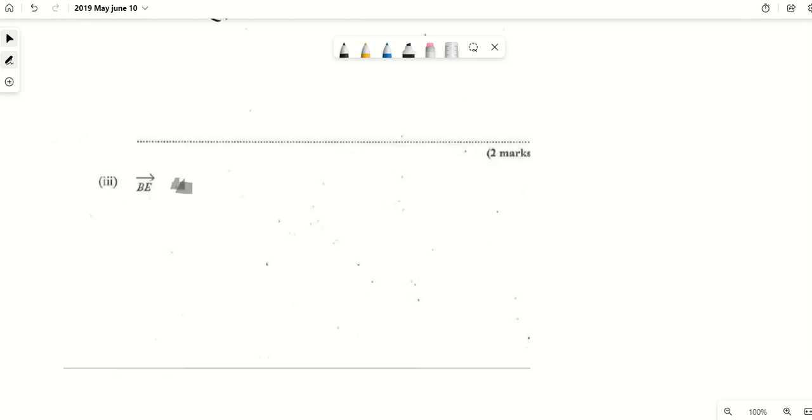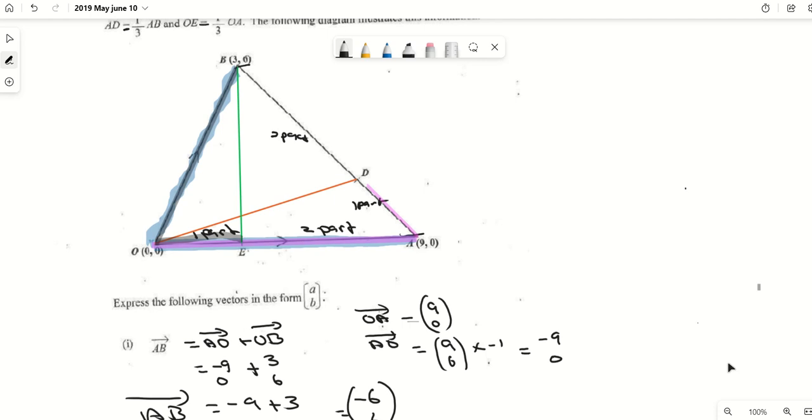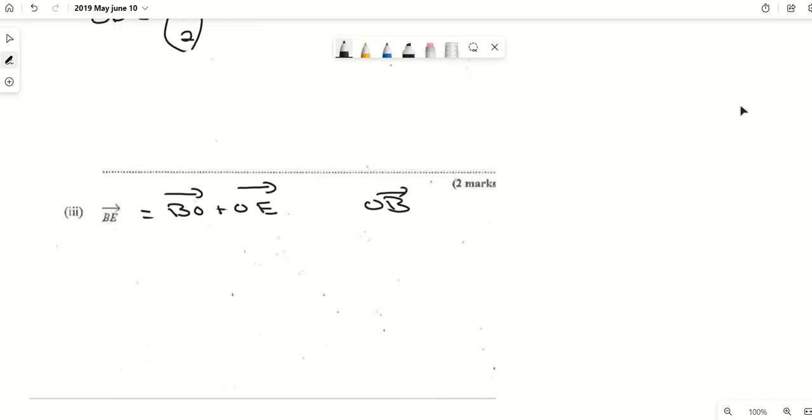So this is equal to BO plus OE. Now they already give us OB, and let's just remind myself so I would not forget, OB is (3, 6).